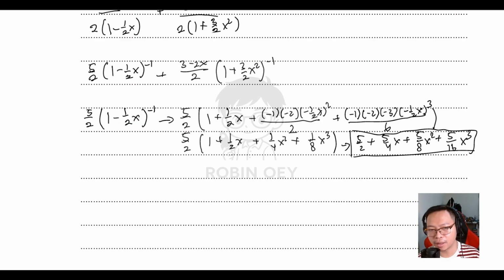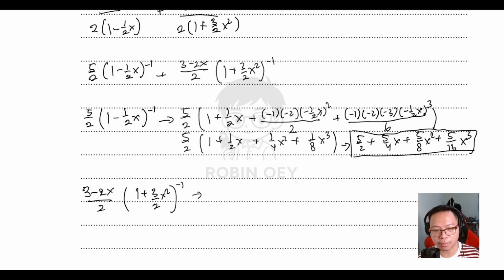Our second expansion, which is the 3 negative 2x. Yeah, so 3 minus 2x over 2, open bracket, 1 plus 3 over 2x squared, negative 1.